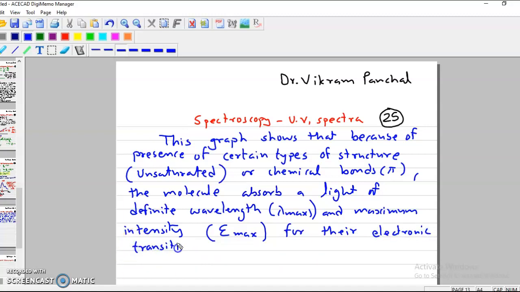That means the electron only travels to the excited state because it absorbs this light of lambda maxima.